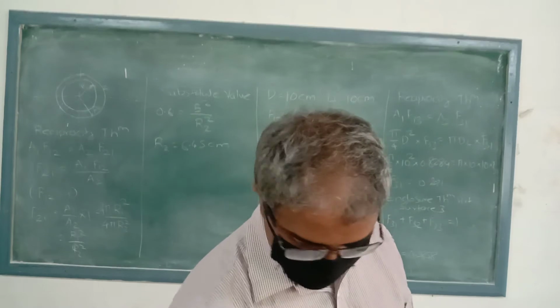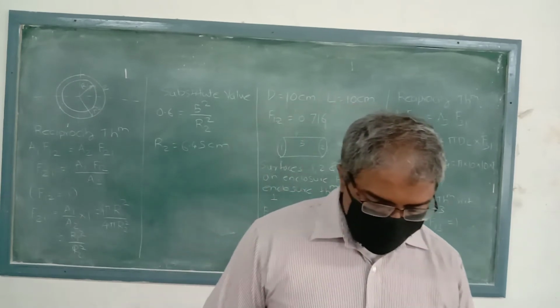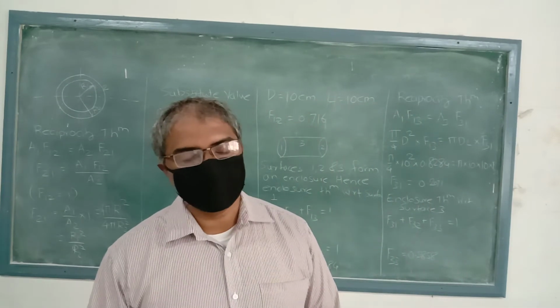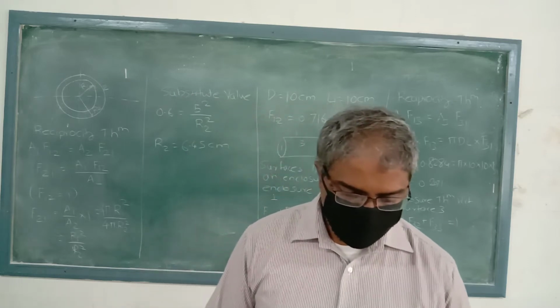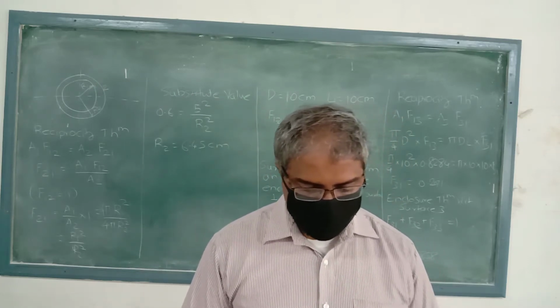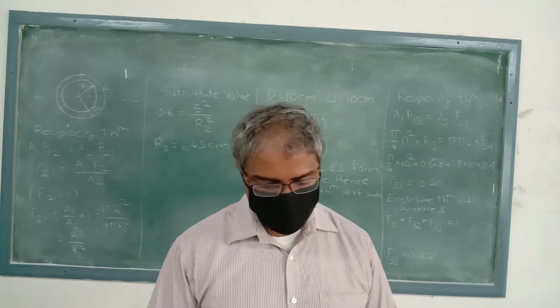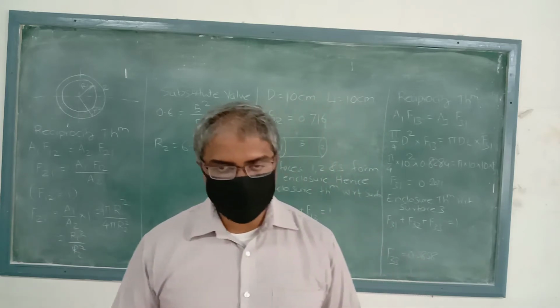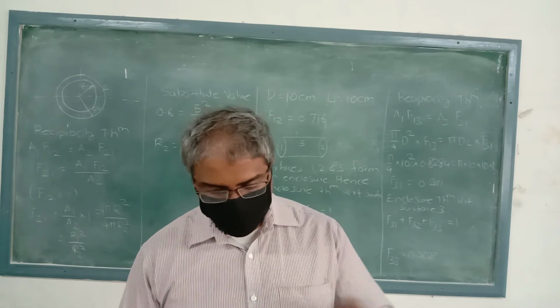So take down. A sphere of radius 5 centimeter is concentric with another sphere.